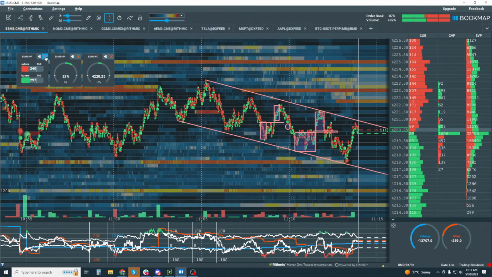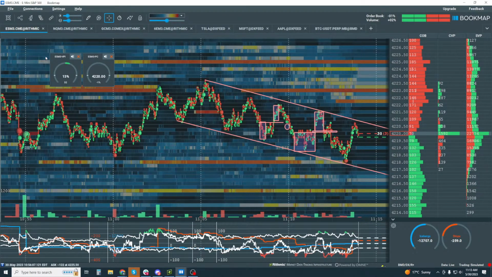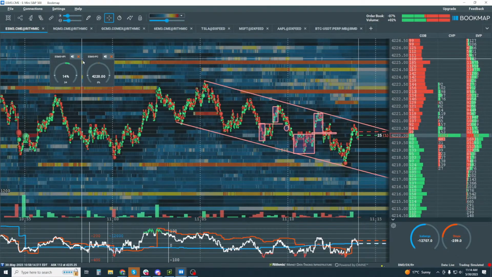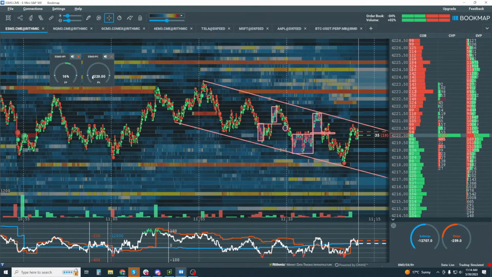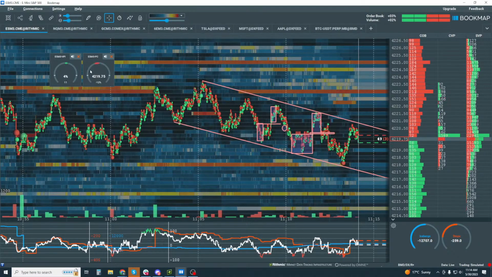Let's try it without volume pressure imbalance and price change in here. So we're just looking at these 2, and we're not getting any insight right now.